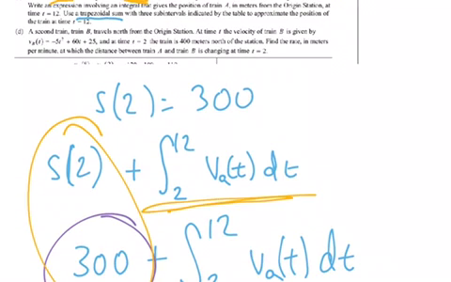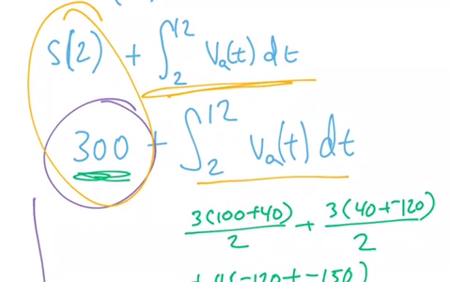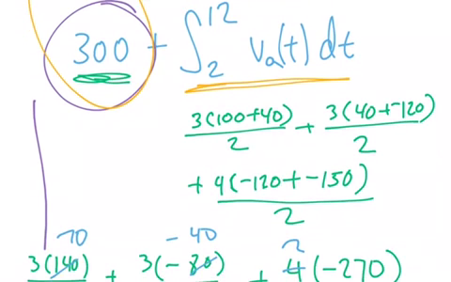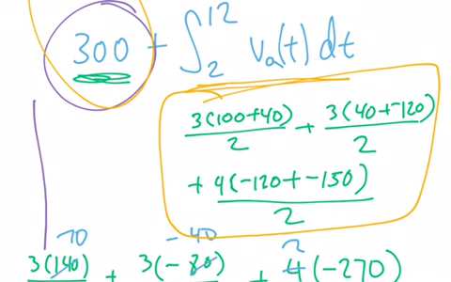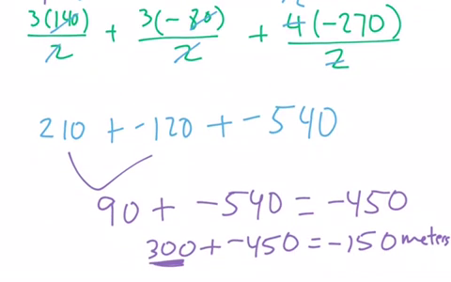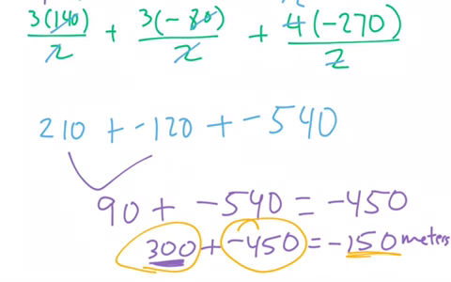That's why we integrate here and here. Because this is a chart question, we use the appropriate method, in this case trapezoidal sums, simplify them, and add them together. Adding the original 300 to the trapezoidal sum of negative 450, I get negative 150. Hopefully that makes sense, and I'll see you all in the next video.